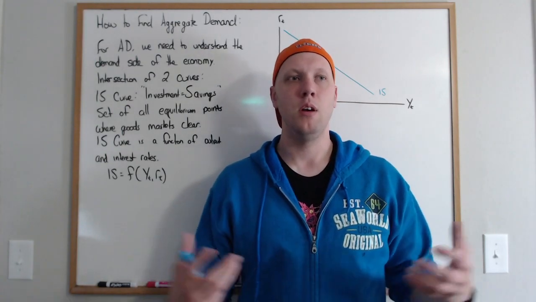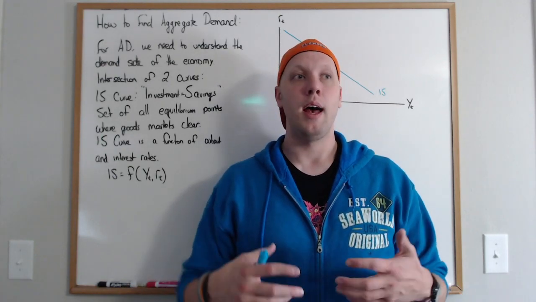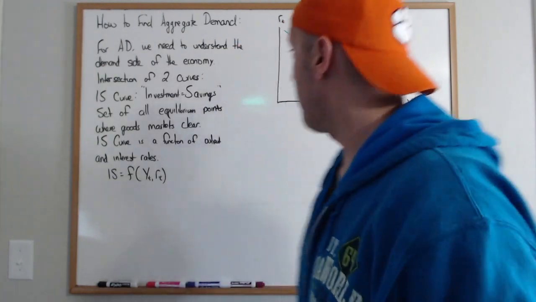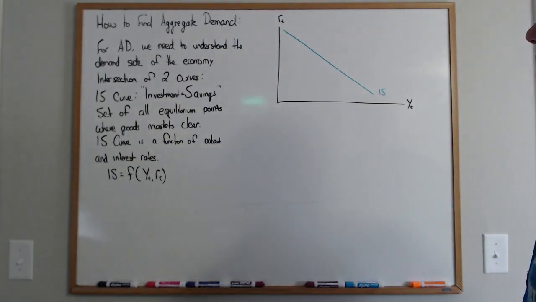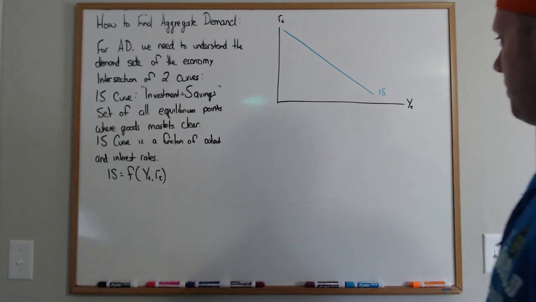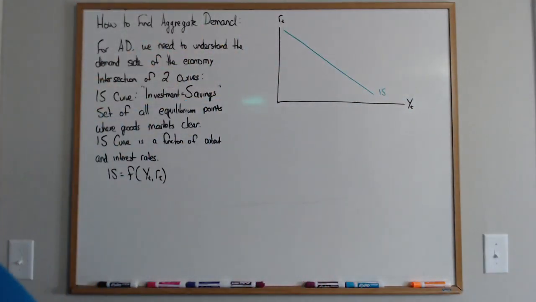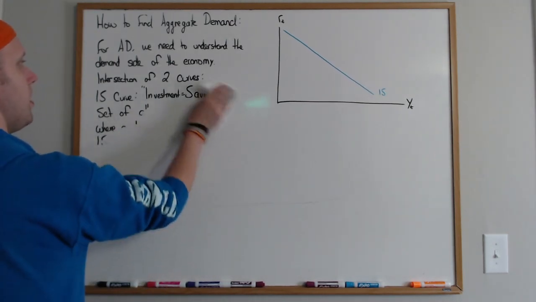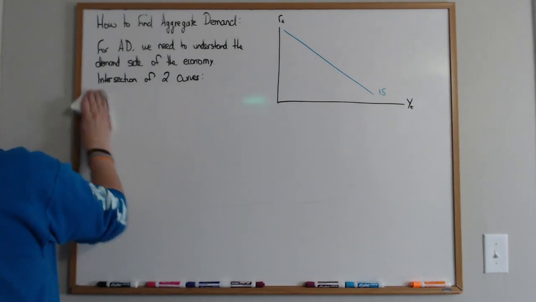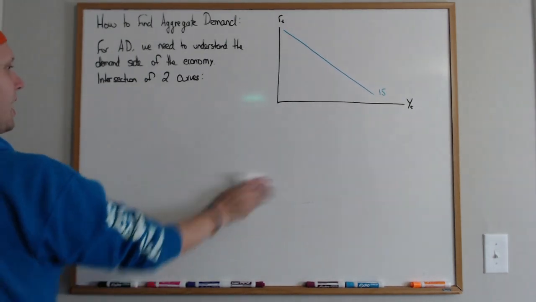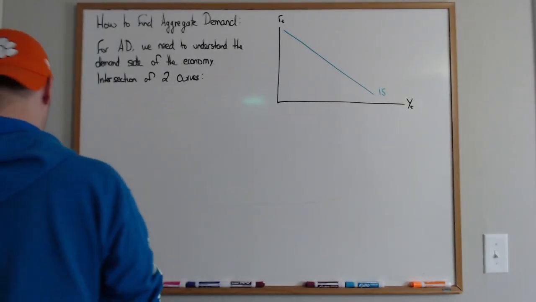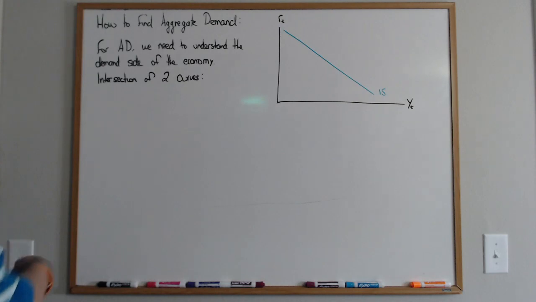Once we've saved, credit becomes more readily available, and firms have a better idea of what to do. Therefore, the IS curve is downward sloping. Now, that's just one part of aggregate demand. There's another part that we need to consider. So we've got the IS curve, which is downward sloping. As interest rates increase, output falls.